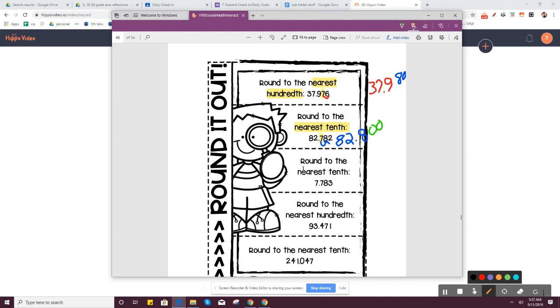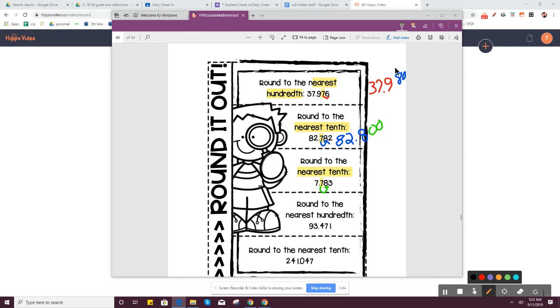All right, let's look at the next one. We're rounding to the nearest tenths again, which is the 7 right here. The number behind it is going to determine whether or not it stays a 7 or changes to an 8.